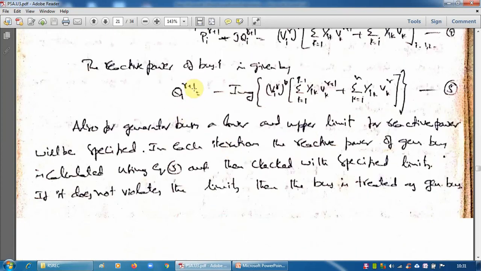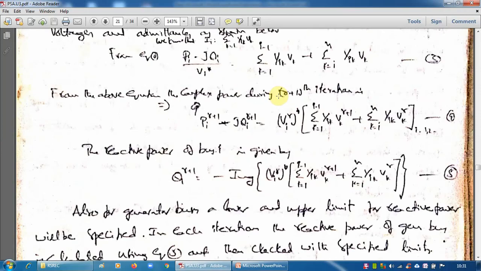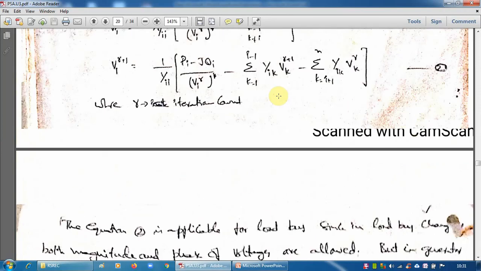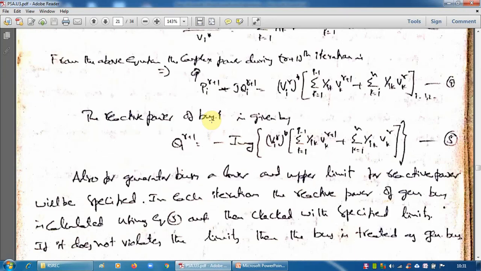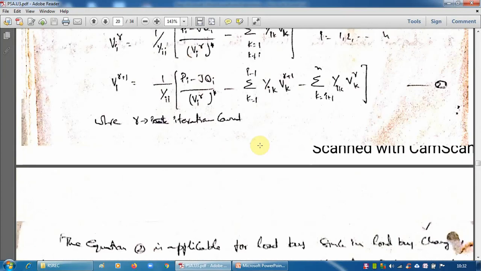Once Q is calculated from this equation, you have to go to the voltage equation again and substitute the Q value there. Q is calculated from this expression, you substitute that value here and calculate delta.